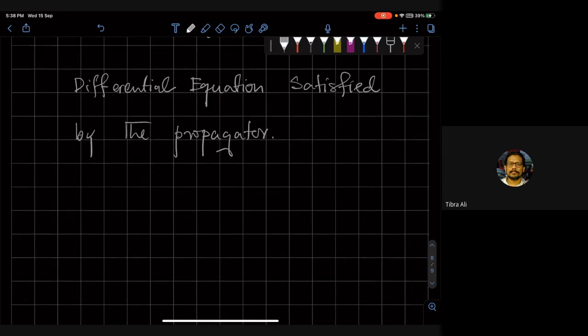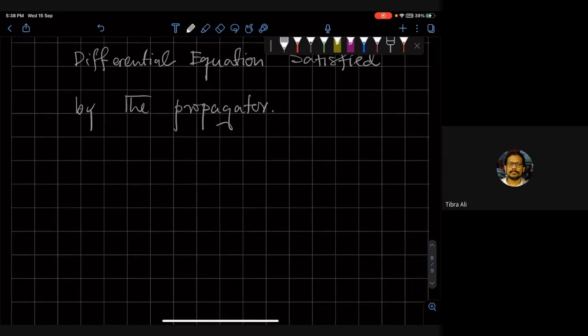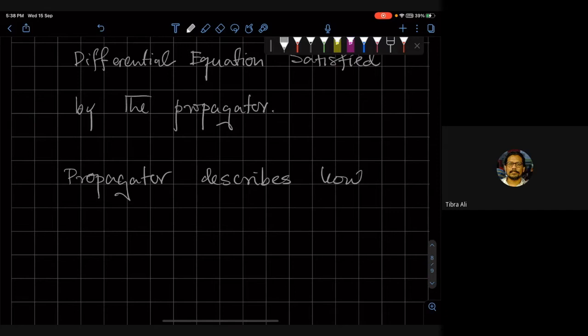Okay, now recall that the propagator essentially describes how the state alpha x of t evolves in time, right?